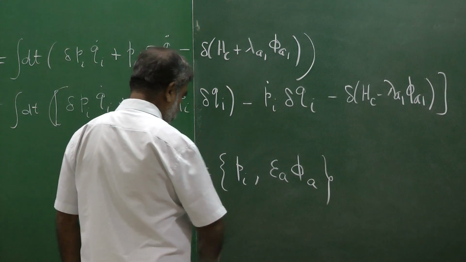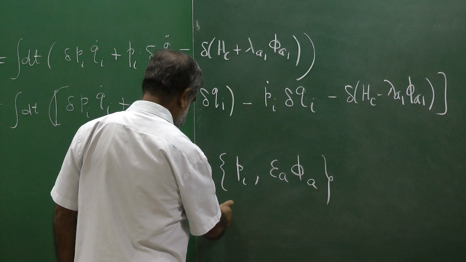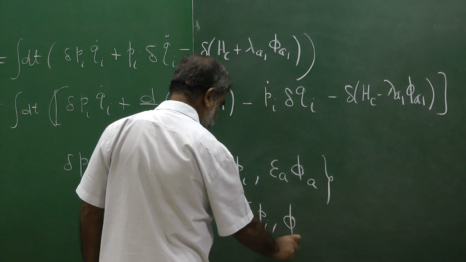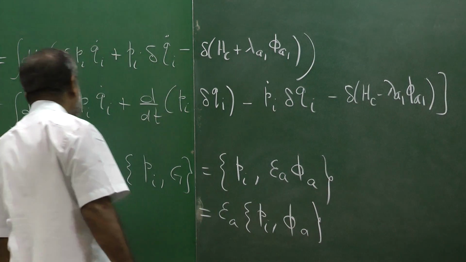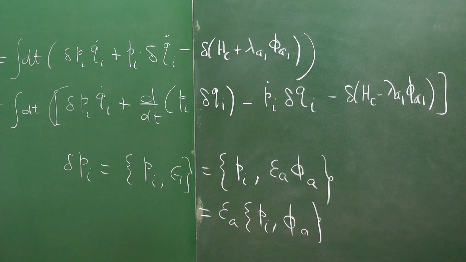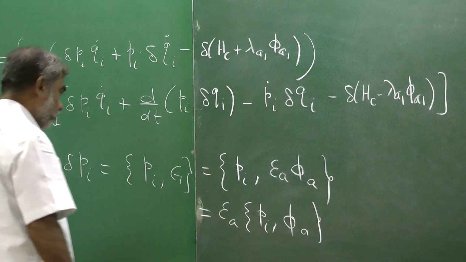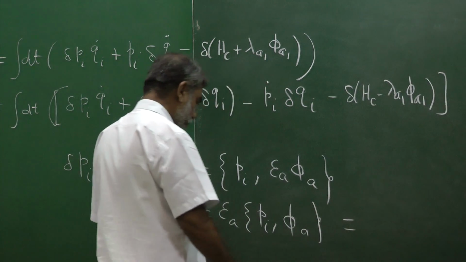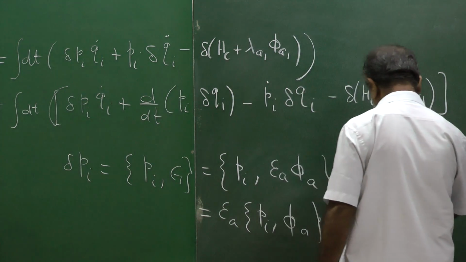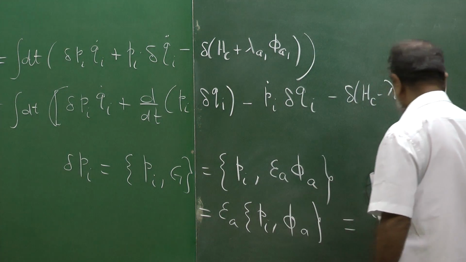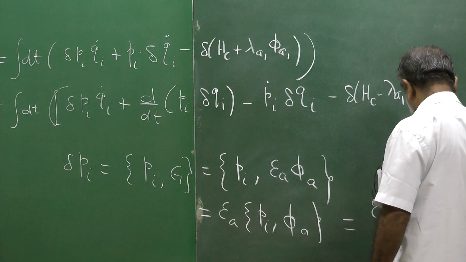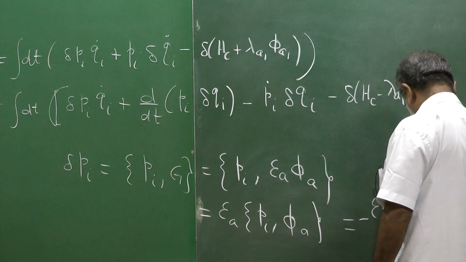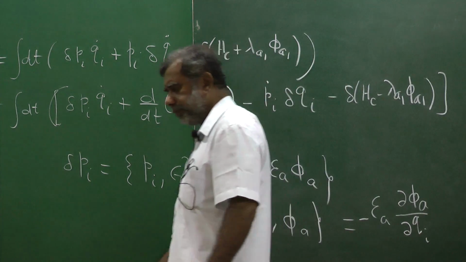So this you can rewrite as epsilon A times this, and then we may write this as epsilon A, and this is minus.